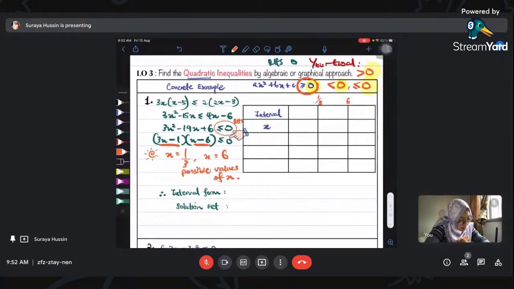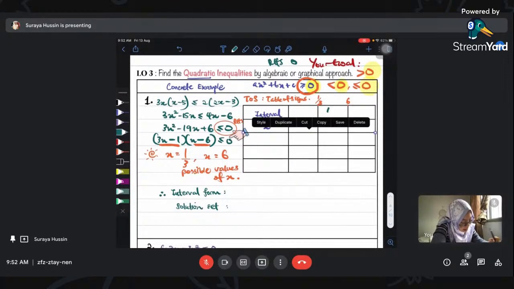You mesti buat table. This is what we call as TOS. TOS means table of sign. Okay, tulis itu, table of sign. Table of signs means memang akan nampak positif, negatif, banyak-banyak lah. So cara penulisannya adalah, tengok cara saya tulis.